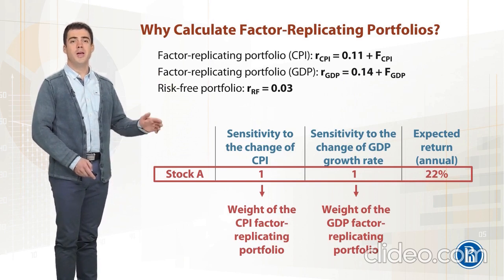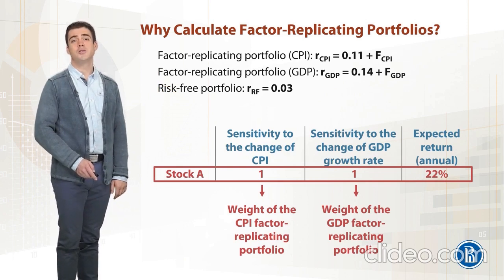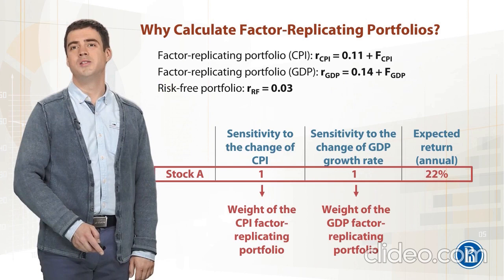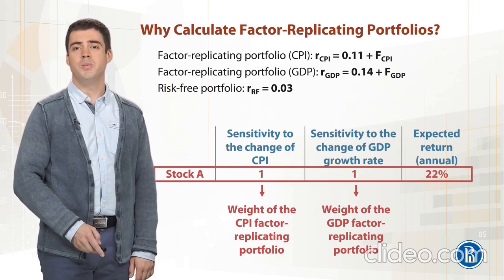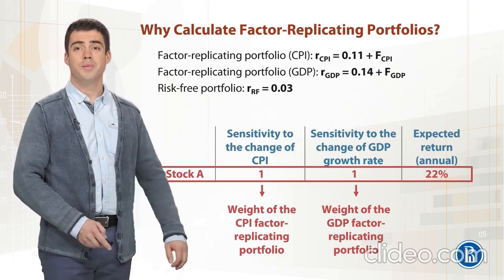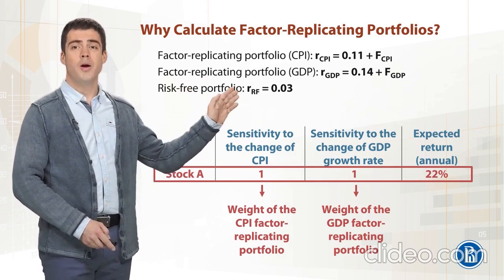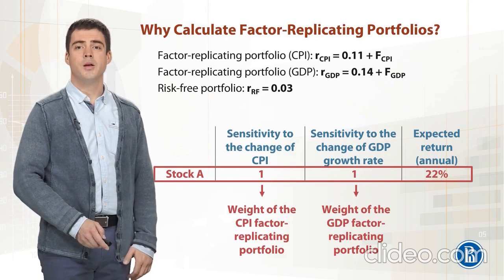The first one is the factor replicating portfolio with relation to the consumer price index. Another one is the factor replicating portfolio in relation to the GDP. And the third one is the risk-free portfolio. The return equations for all these three portfolios have been derived before, and we know them.